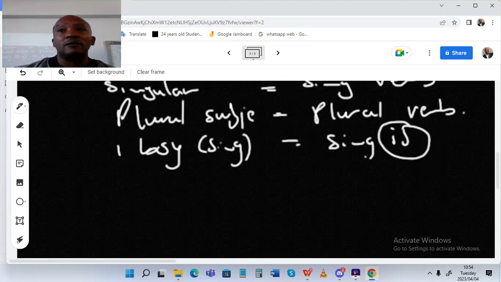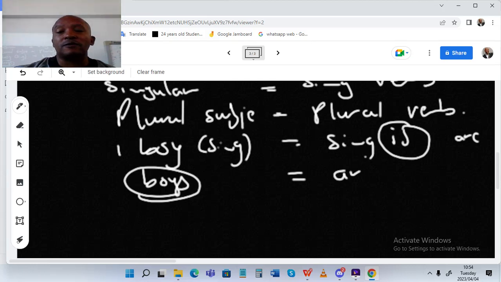You see that singular verb? Is. A plural verb is are. That means this must be boys. Plural verb. Can you see that? Equals are. What do you do? One boy has, for singular. Two boys have. Can you see that? Plural.